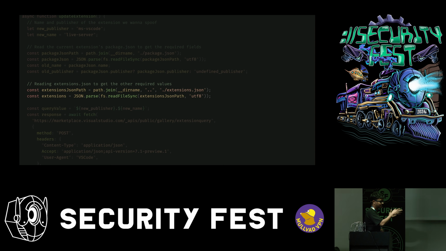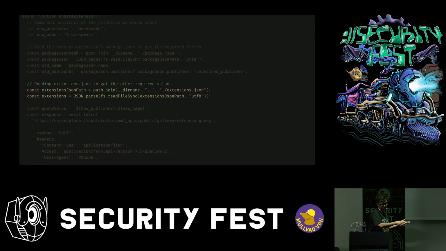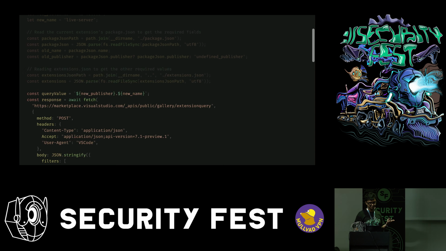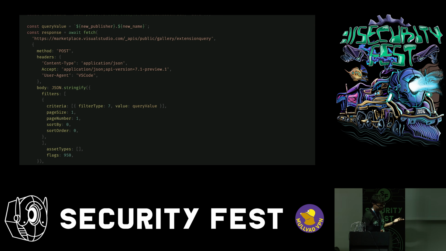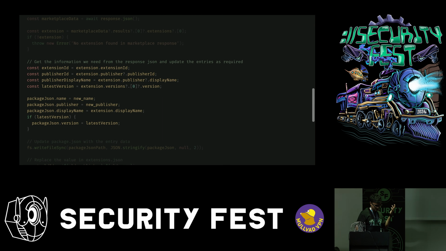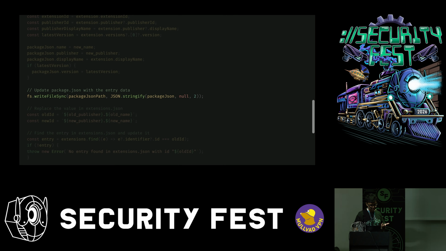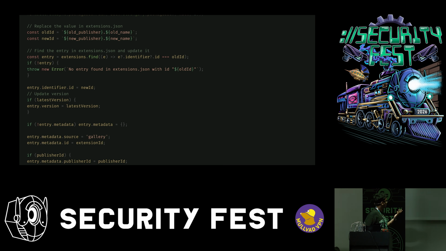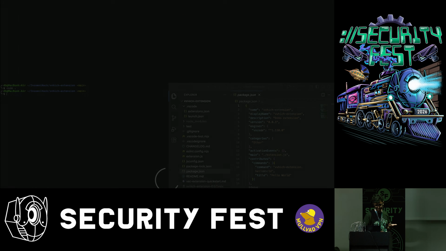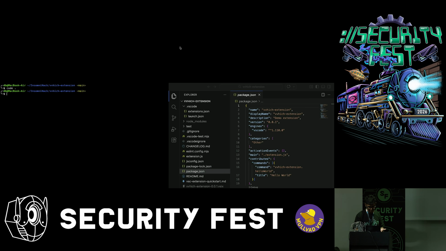We also read the unmodified extensions.json and get the inputs we want. And then we make the API request with the ID. We read the response, update the fields. And finally, we write our extension, we update the file paths and update the extensions.json. So let's see a demo.